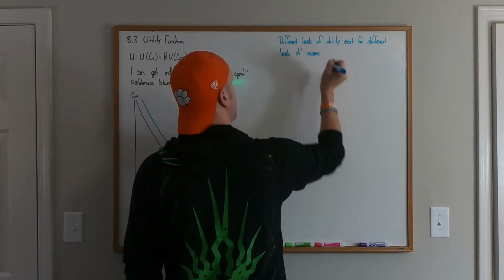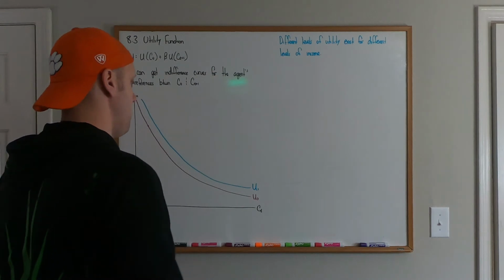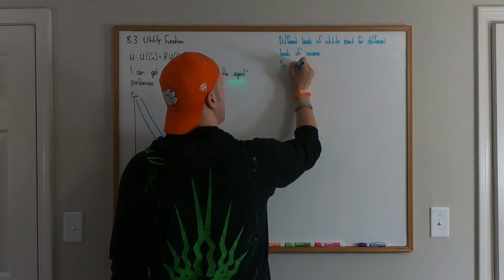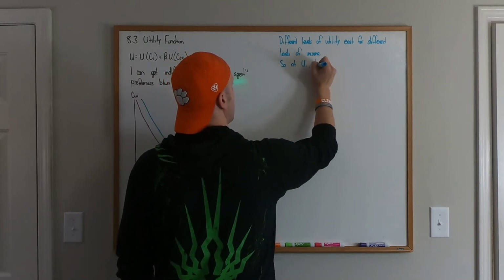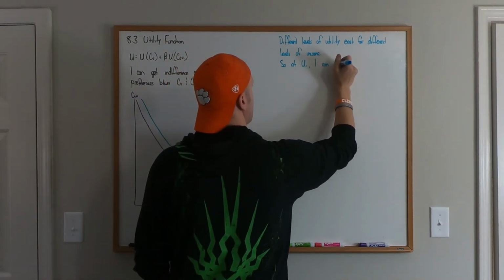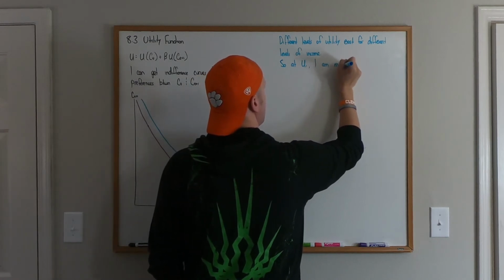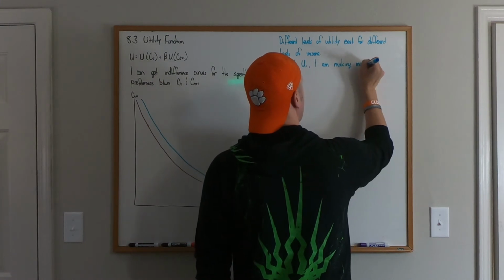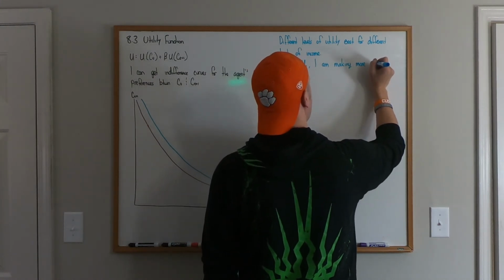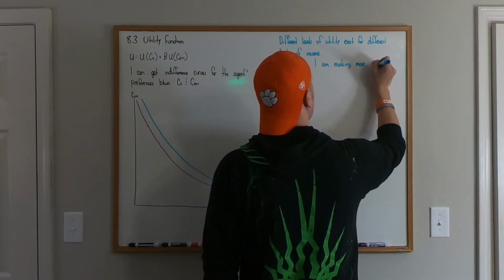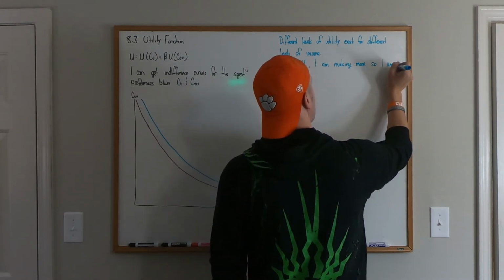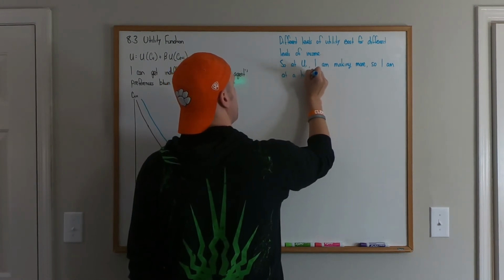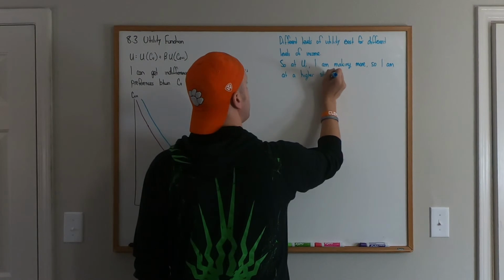Different levels of utility exist for different levels of income. So at U1, I'm making more money. I'm earning more income. You can call it a higher standard of living.